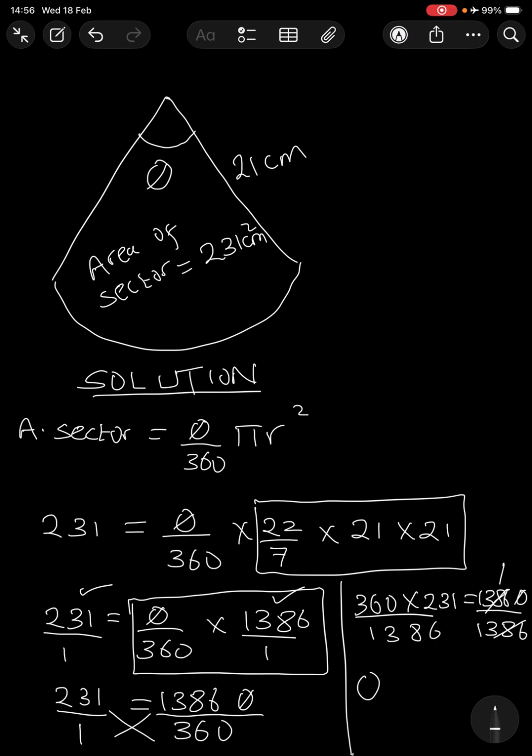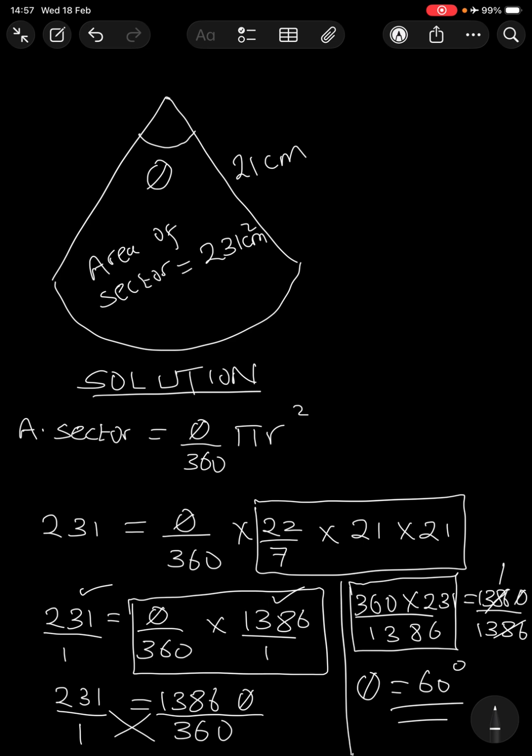So as you can see, theta is equal to 360 times 231, then divide by 1386. And I got my theta as 60 degrees.